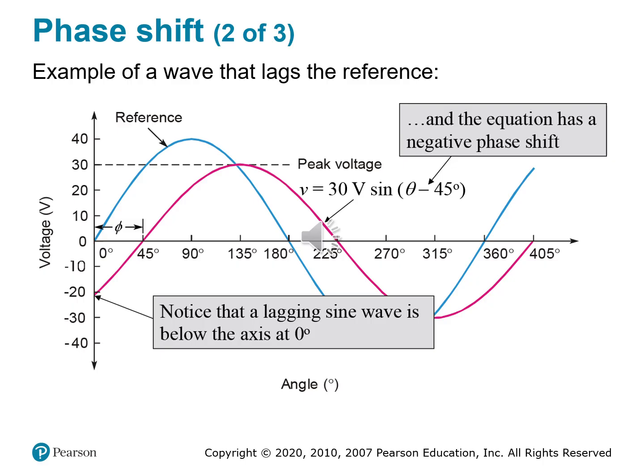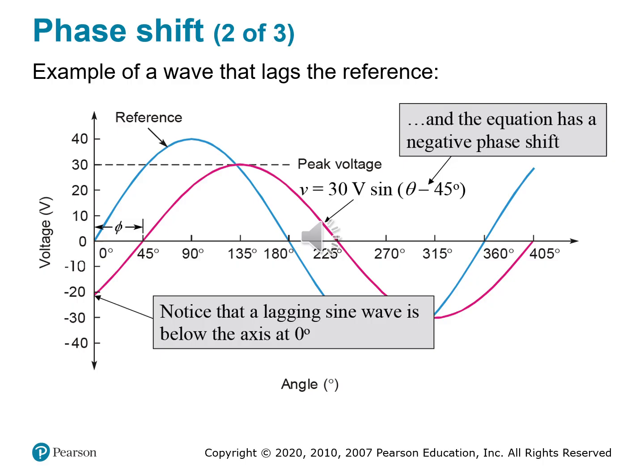So at 0, the reference wave is already climbing upward, but the lagging wave hasn't even crossed 0. It's still below the axis. That is what's called a negative phase shift, and that's what it looks like. A delay in wave timing is also called a lag.